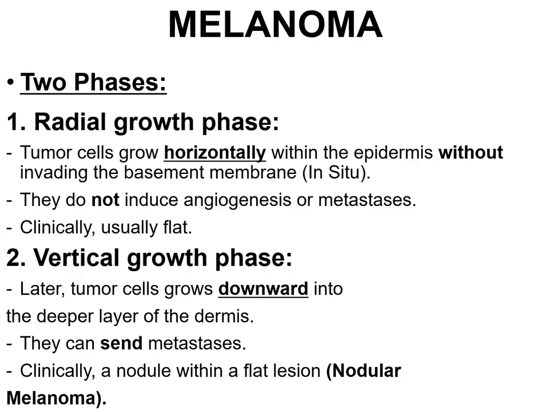Clinically, the vertical pattern of growth is characterized by a nodule within a macule, or a nodule within a flat lesion. This is the nodular melanoma, a vertical pattern of growth within the radial pattern of growth, which spreads horizontally.